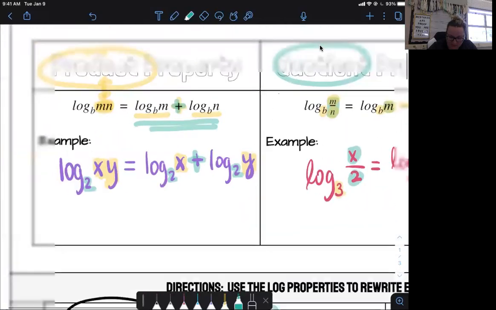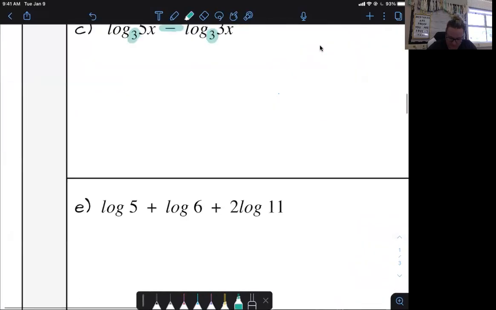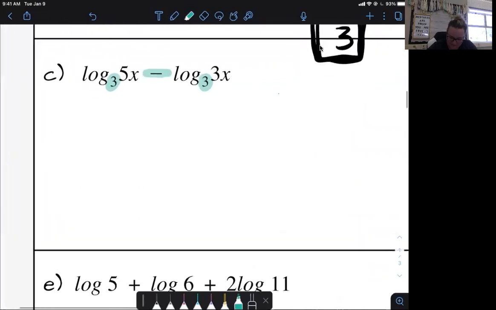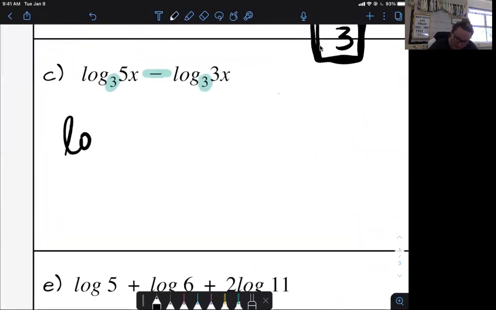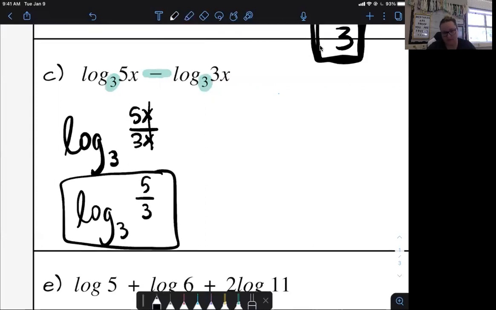So when I combine them into one log, I'm going to be dividing. We have that m over n. So we're going to have the log base 3 of 5x divided by 3x, and x divided by x is 1. So this is simply the log base 3 of 5 thirds. And that's it.